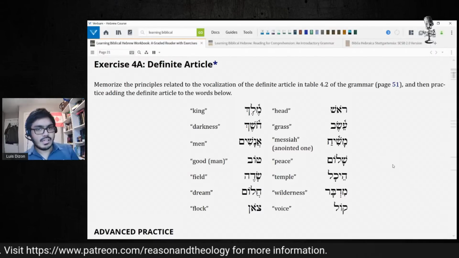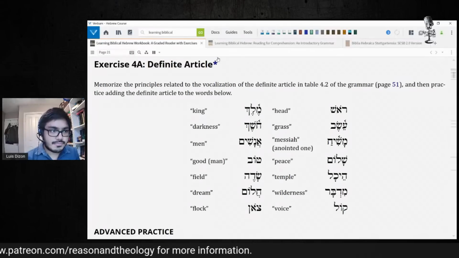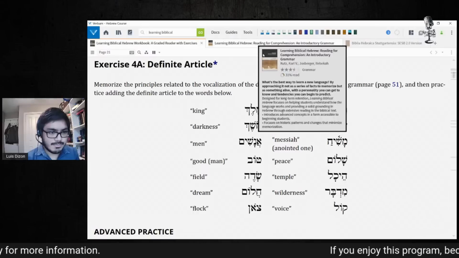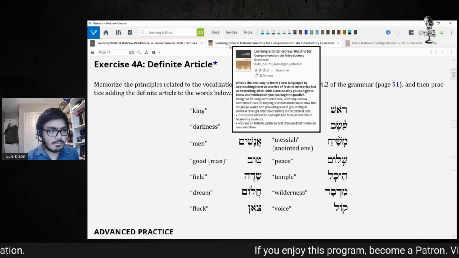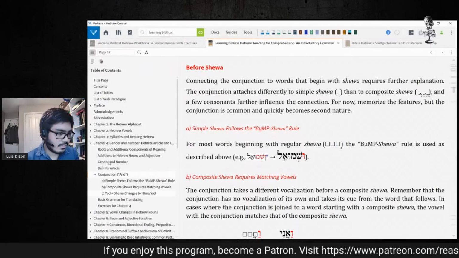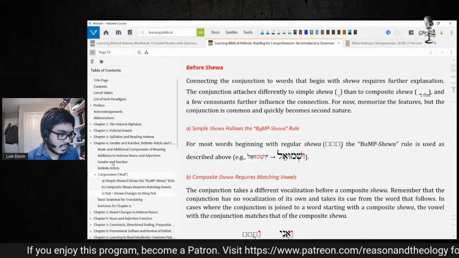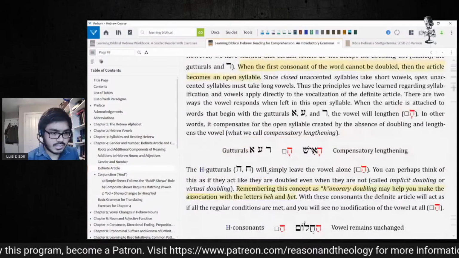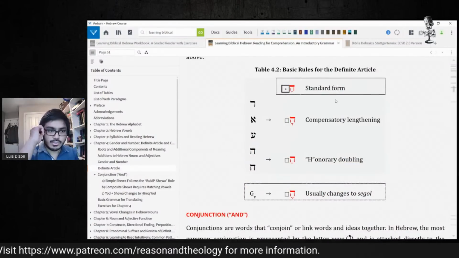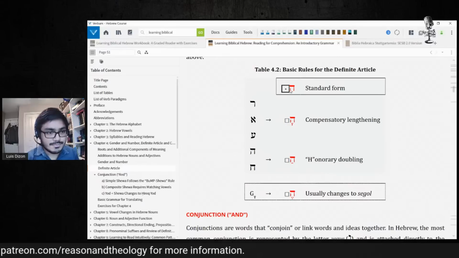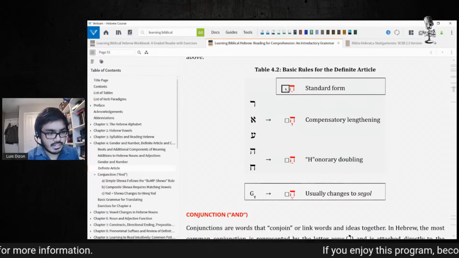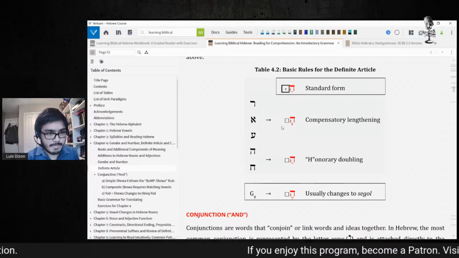So really quickly, to recap some of the things that we learned regarding the definite article, there are some rules about what particular vowels we add to the definite article, and those vowels are indicated in chart 4.2. So here we are. You have the standard form, which is the he with the patach and then a dagesh on the consonant right after it.